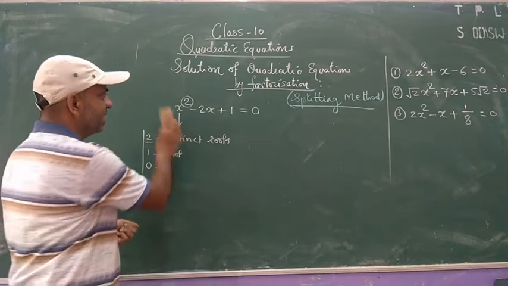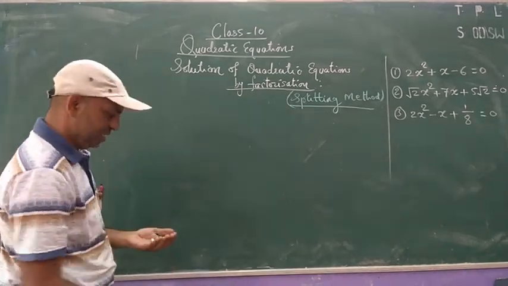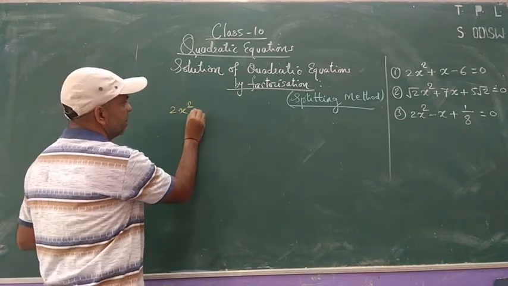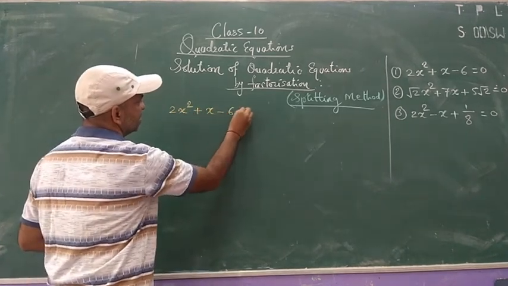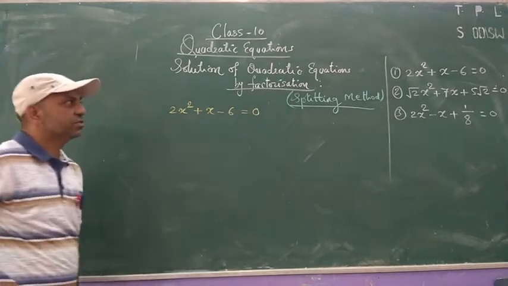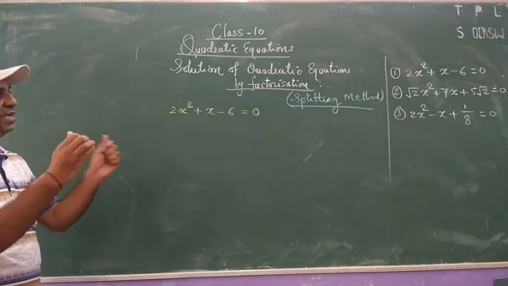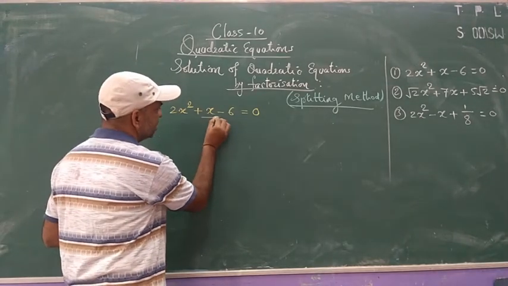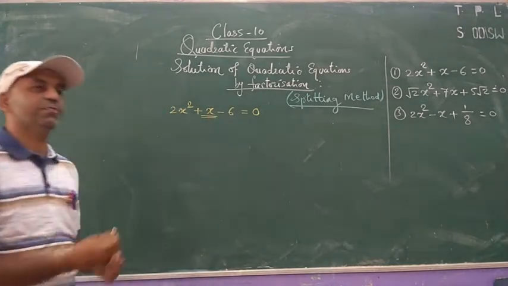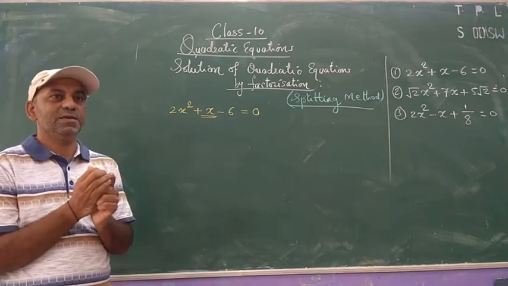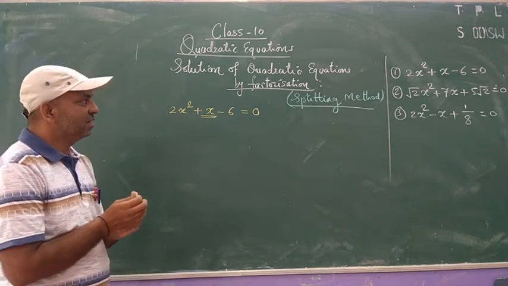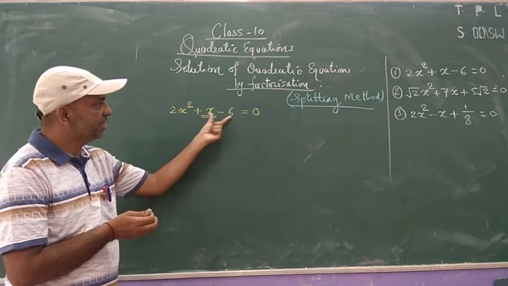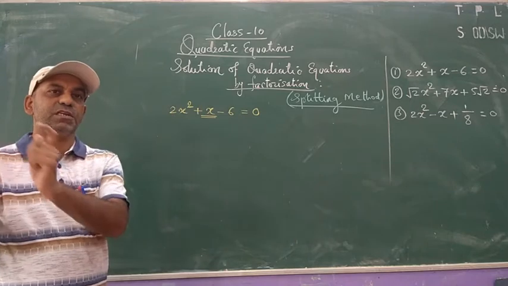See the first example. Here 2x square plus x minus 6 is equal to 0. So splitting method, factorization method means what? We have to split this middle term, and we have to make this equation into the product of factors.